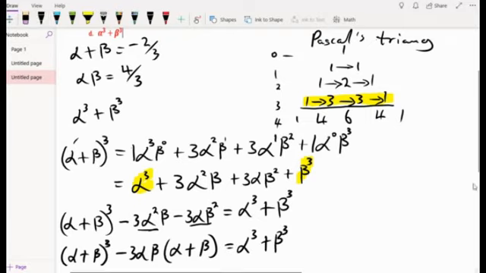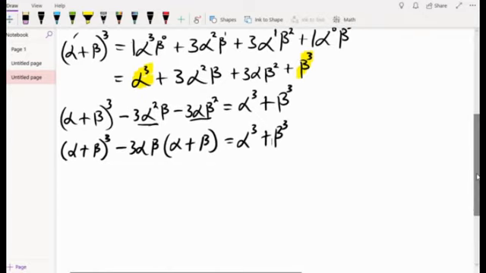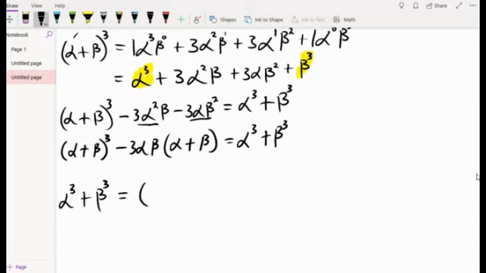Okay, so the next thing for us to do at this junction is to collect like terms and put our values into the formula. So let's switch sides so that we have alpha cube plus beta cube is equal to alpha plus beta cube minus 3 alpha beta times alpha plus beta.